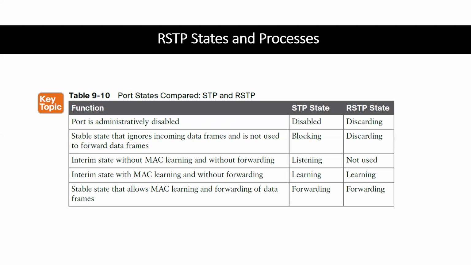STP state listening, RSTP state not used, because that's what we're taking out. We're killing off 15 seconds as well. We're killing off the listening state; that doesn't exist in rapid spanning tree. Now we go to learning, an interim state with MAC learning and without forwarding.